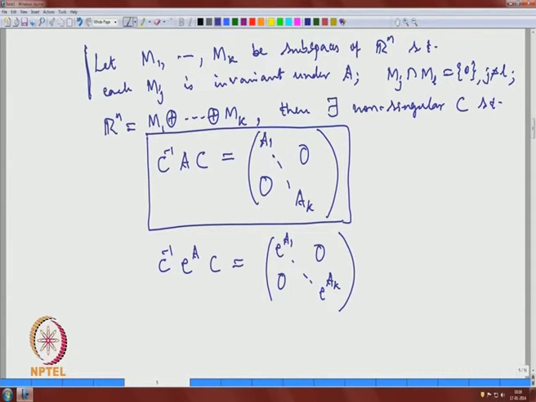Now we proceed to find some special subspaces of R n which are related to A and which satisfy this hypothesis, so that we have a block matrix which is similar to A. That is our next task.